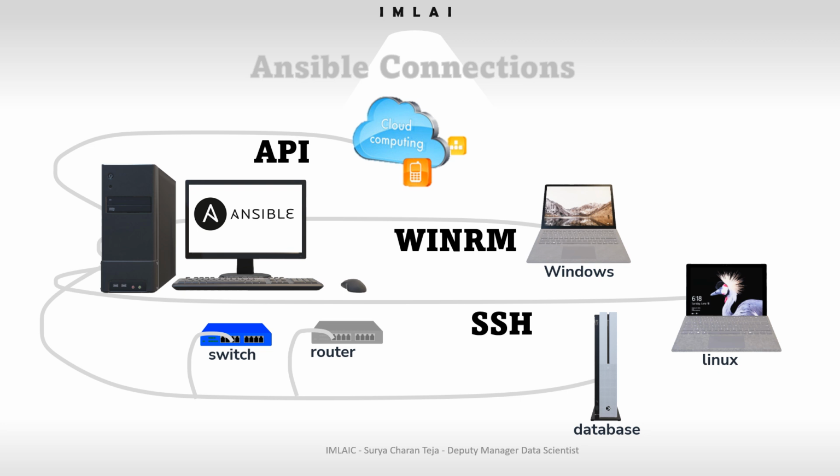You always require a server, you install Chef or Puppet on it, and then you install agent software on the machines. Here you don't need to set up an agent on the destination.